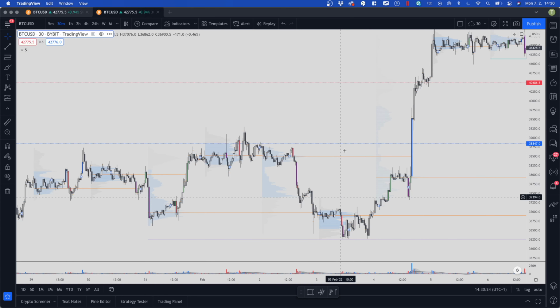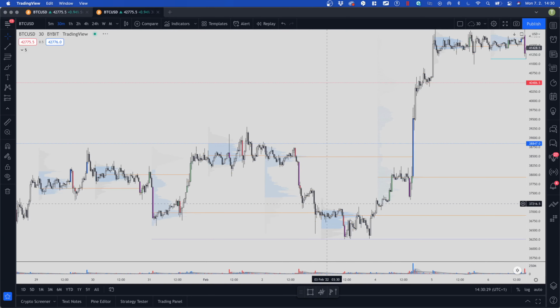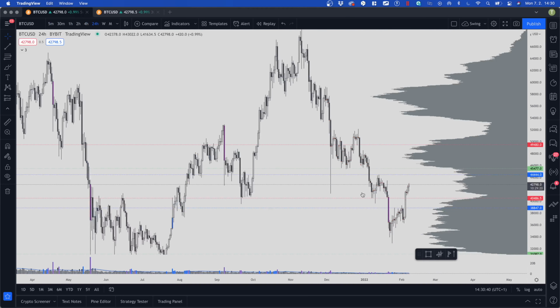So this seems to be on a 30-minute chart a no-brainer trade. We're just going to go short and the market will continue to make lower highs and continue this 30-minute downtrend.